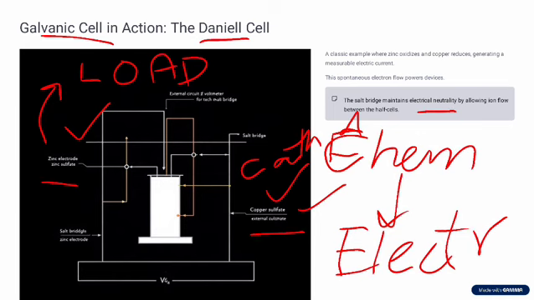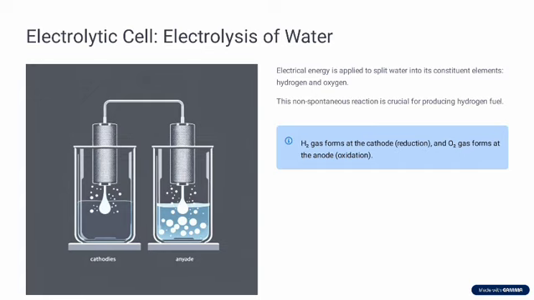Then we come to the electrolytic cell. Electrolytic means electricity is the cause to destroy or to split. Lytic means breakage. So electricity is the cause of breakage. In this cell, water is used. Water is split into its constituents, hydrogen and oxygen, as you already know, and this is a non-spontaneous process.